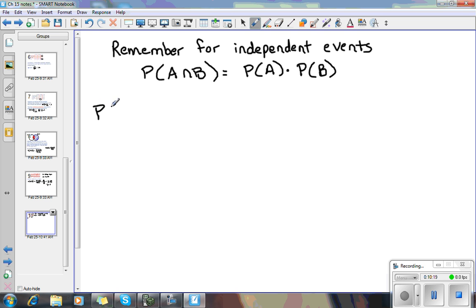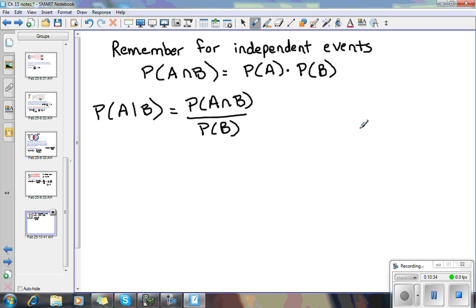Also, keep in mind what we just talked about. The conditional probability was the probability of A intersect B over the probability of B, which is the formula we just developed. So I can rearrange this.